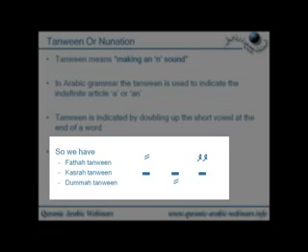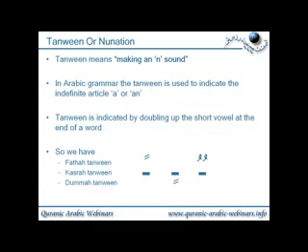So all of these can be doubled up, i.e. the dhamma is doubled up, the kasra is doubled up, and the fatha is doubled up. In that case we call it tanween, and we'll see why in a minute. Remember, tanween means nunation or adding an N sound.